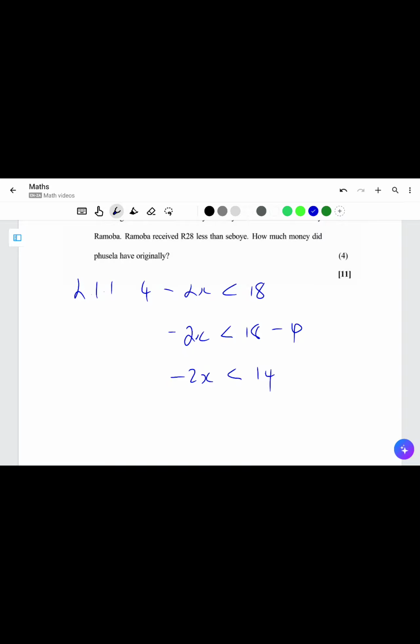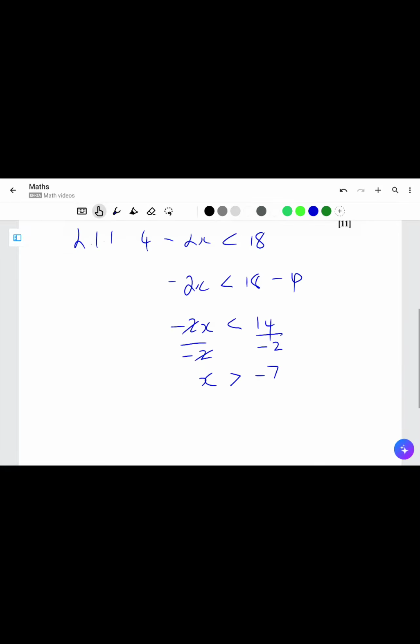So what we can do is divide by -2 on both sides. So x will now be greater than -7, because remember, we changed the sign of x by dividing by -2.